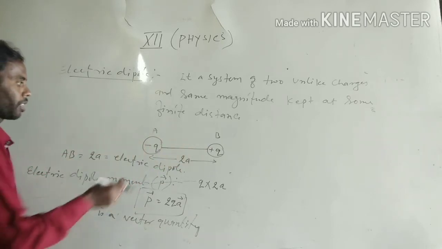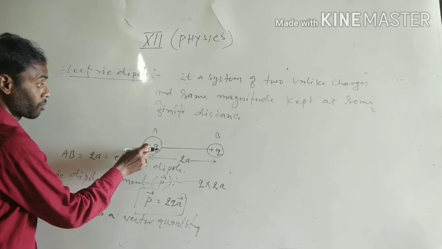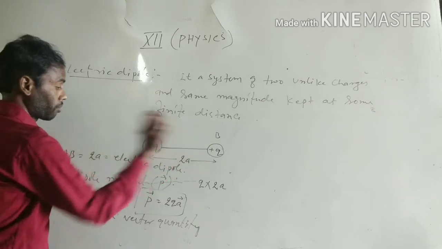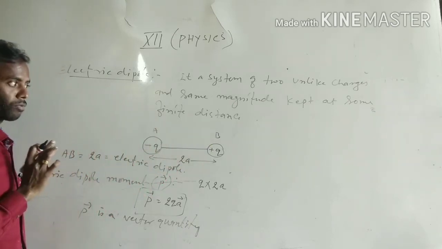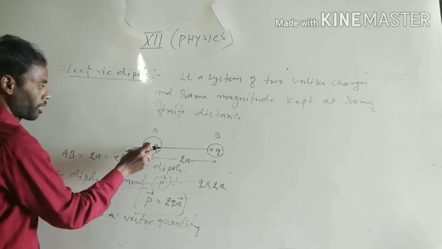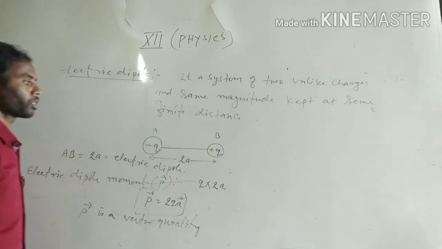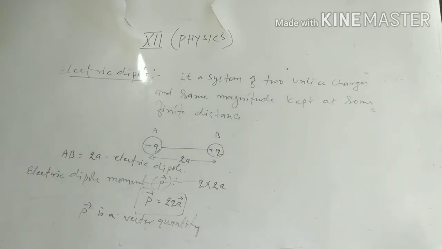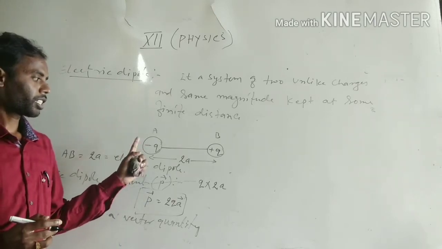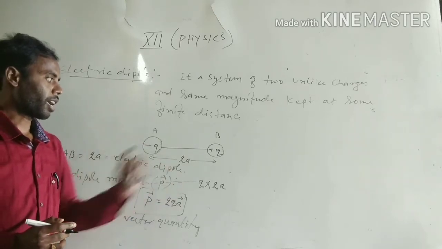That means to say that if we take a minus 1 coulomb charge, then here should be a plus 1 coulomb charge. Suppose we take a minus 2 coulomb charge, then here should be a plus 2 coulomb charge. Okay, and the electric dipole moment is the product of the charge and the dipole distance.